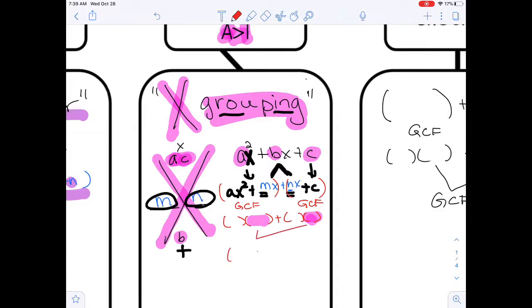So then it would factor down to whatever that GCF was, and then these 2 terms, whatever they were left with would go here. So hopefully that's just a review for you. If you need more help with that, come see me.